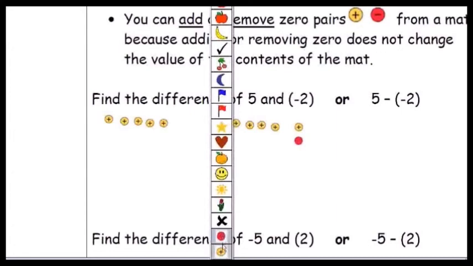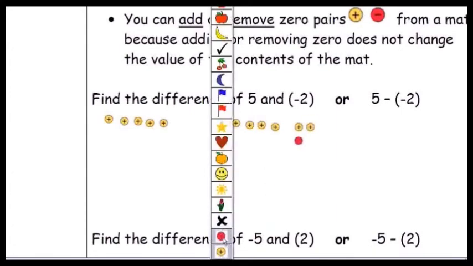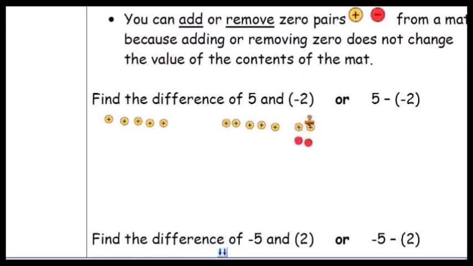Okay, I want to add 1 0 pair, and actually I want to add 2 0 pairs. They're still worth 0, so I can add as many 0 pairs as I want to. But now that I've added these two 0 pairs, can I go ahead and take away two negatives? In this case, the answer is yes, because now I have those two negatives, these two right here. I can grab them, circle them, draw an arrow to the side saying I'm taking them away, and my answer is going to be whatever I have left.